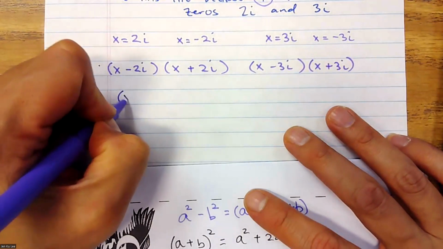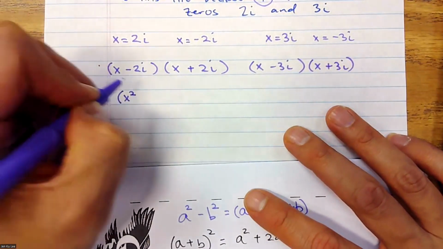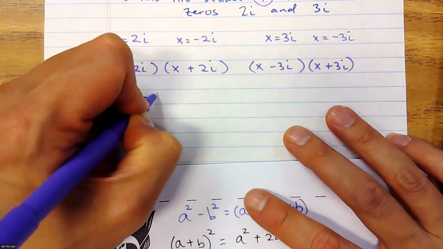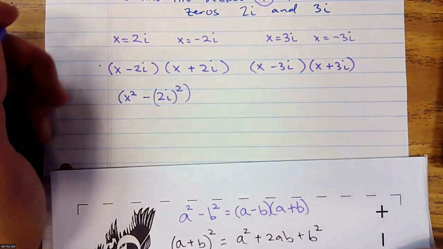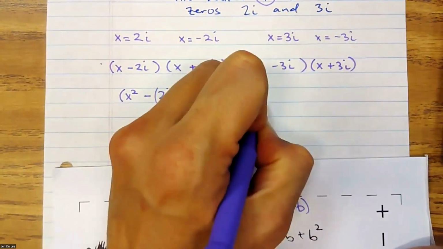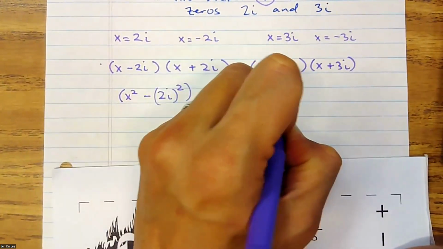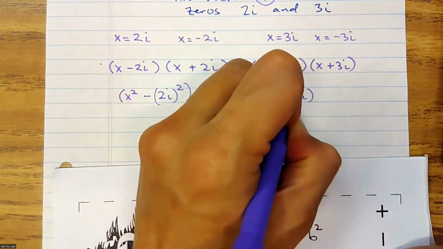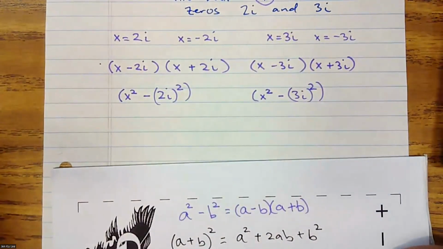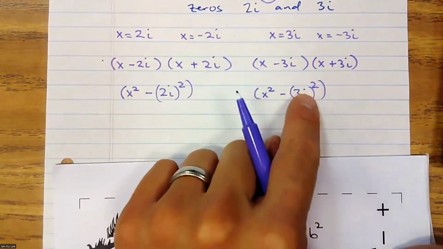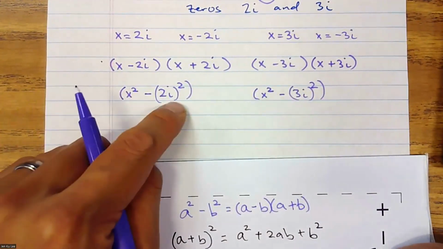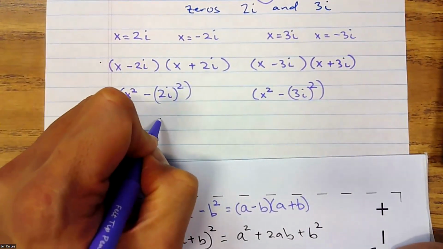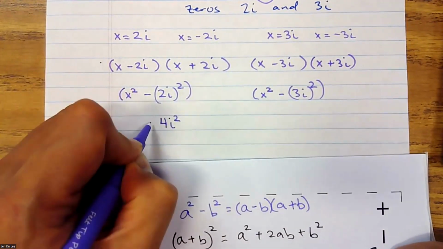So I'm going to use that and say x squared minus 2i squared. And I'm going to use that here as well, so x squared minus 3i squared. And I'm just going to simplify that. 2i squared is 4i squared.